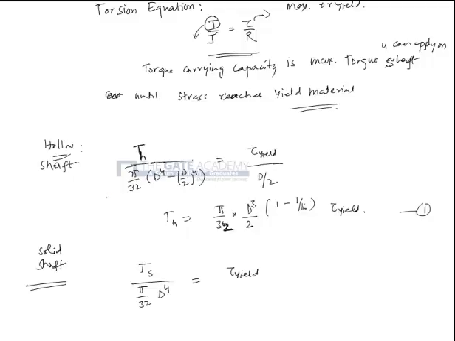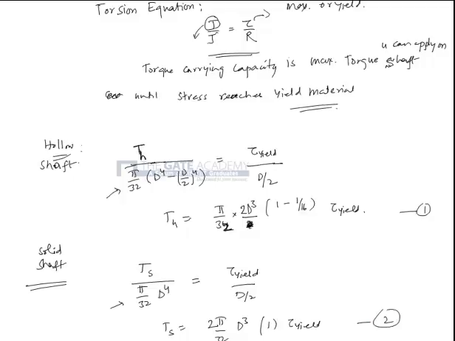The only difference comes from the difference in J, since the outside periphery radius is d by 2 in both cases. So TS is basically pi by 32 into 2 d cube into tau yield. This is for equation 2.